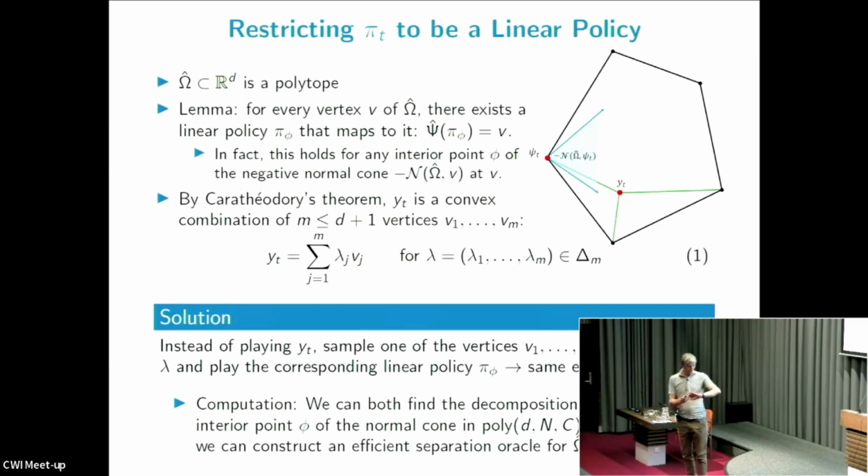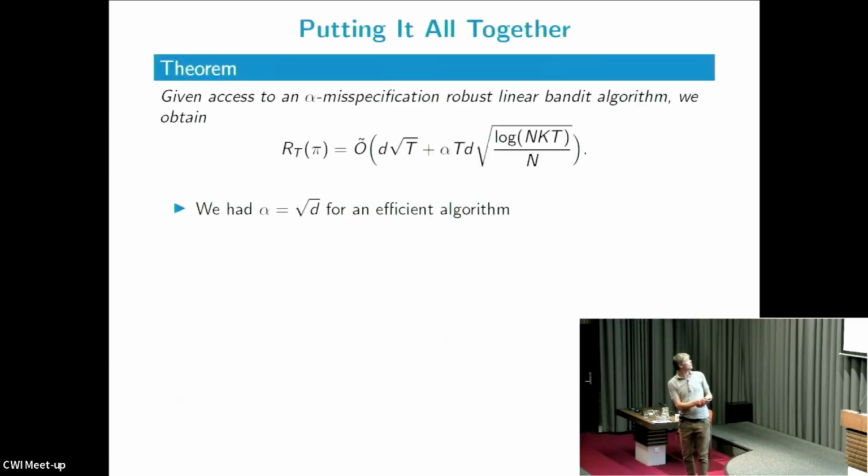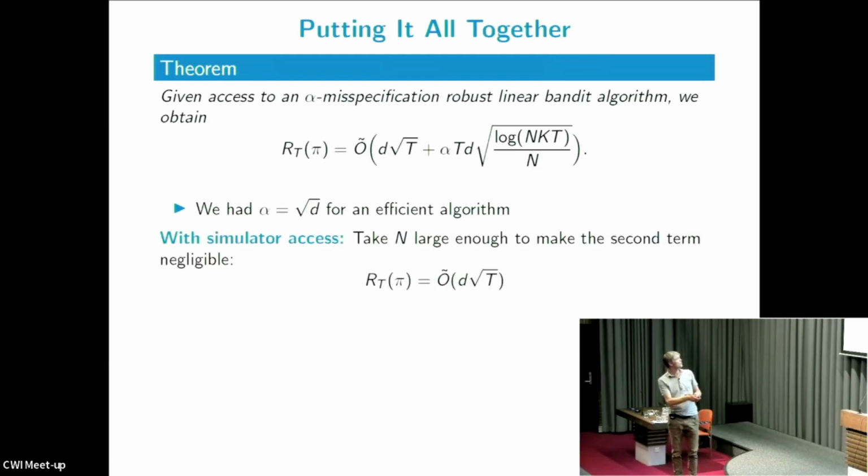Anyway, I should get to the point where I start wrapping up. So what's the final approach? We have this linear bandit algorithm that gets this type of rate. Wait, sorry. If we have this linear bandit algorithm, we can get this type of rate by bounding the effects of the bias.